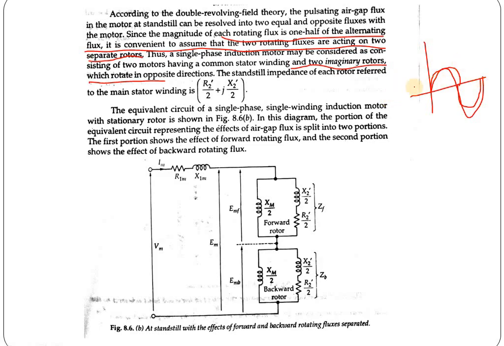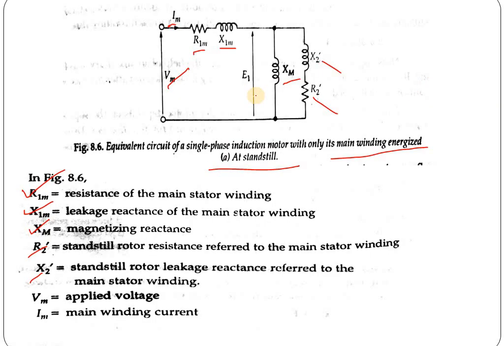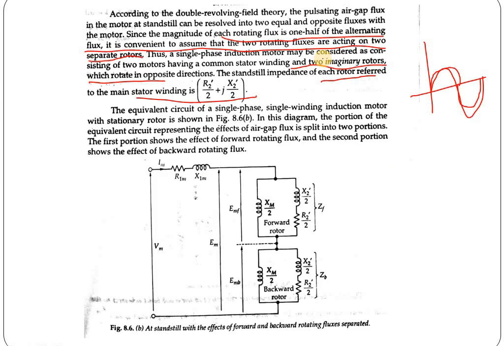So the standstill impedance of each rotor referred to the main winding is R2 dash by 2 plus jX2 dash by 2, which we have already taken in the previous diagram as R2 and X2. Now we are dividing R2 dash into two equal halves and X2 dash into two equal halves, so it becomes R2 dash by 2 and X2 dash by 2.